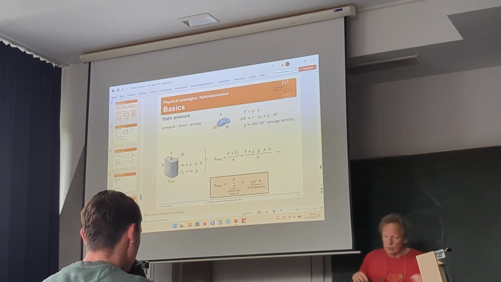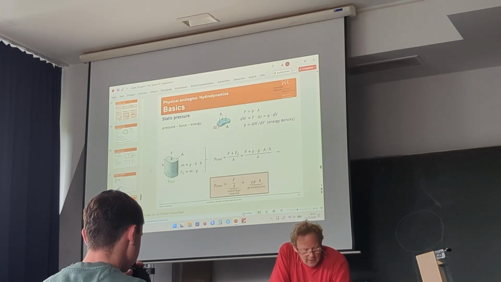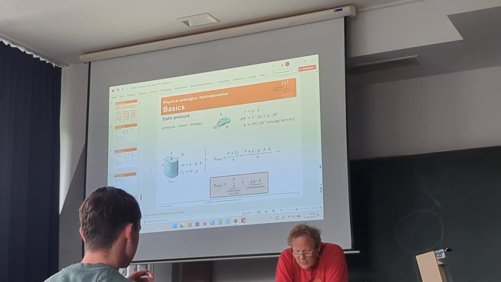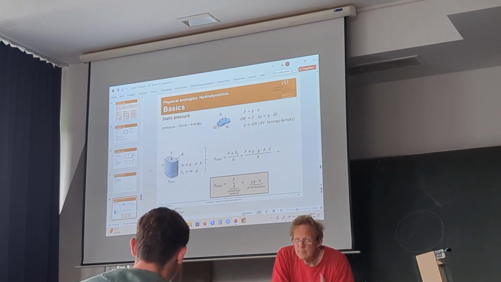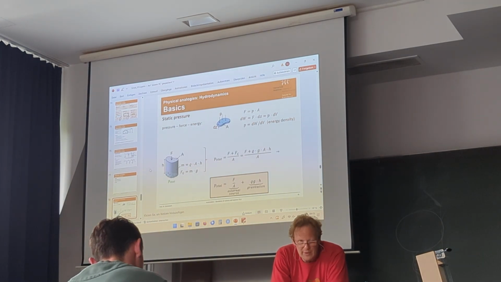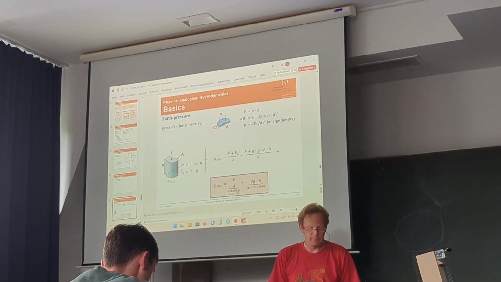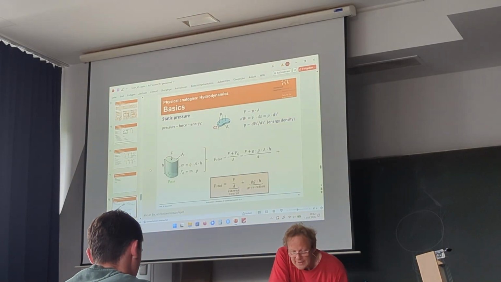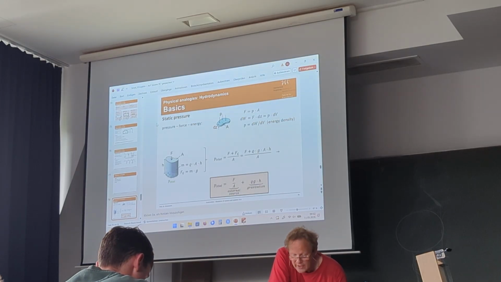So either way, let's look at pressures and volume flux in these hydrodynamics, but we have to look a little bit more in detail what is a pressure, or what kinds of pressure are there. So the first kind is the static pressure, something that doesn't change.